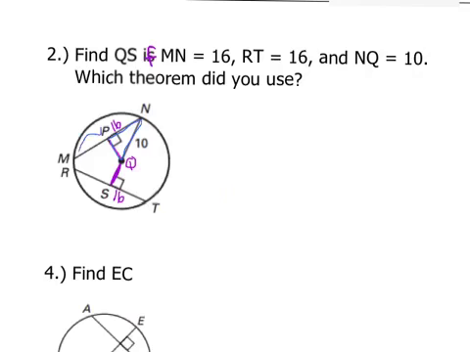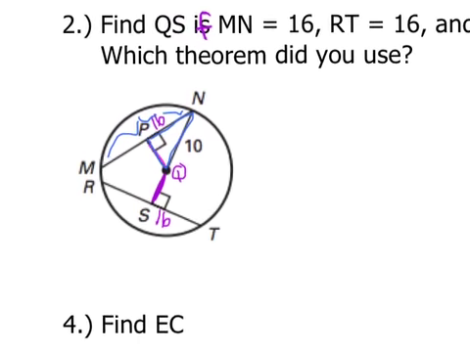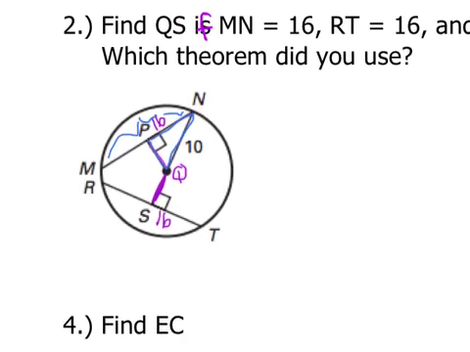Remember that MN is the 16. I know it kind of looks like where I put it that just PN is 16. But MN is 16. So if you take out that little right triangle, the hypotenuse is 10.